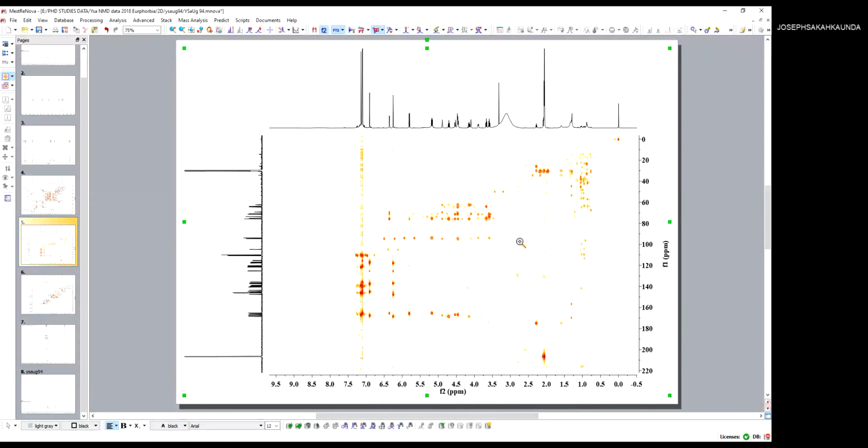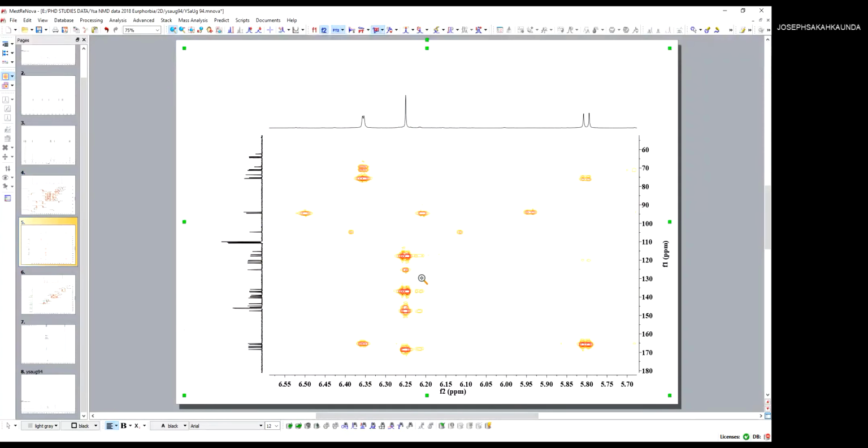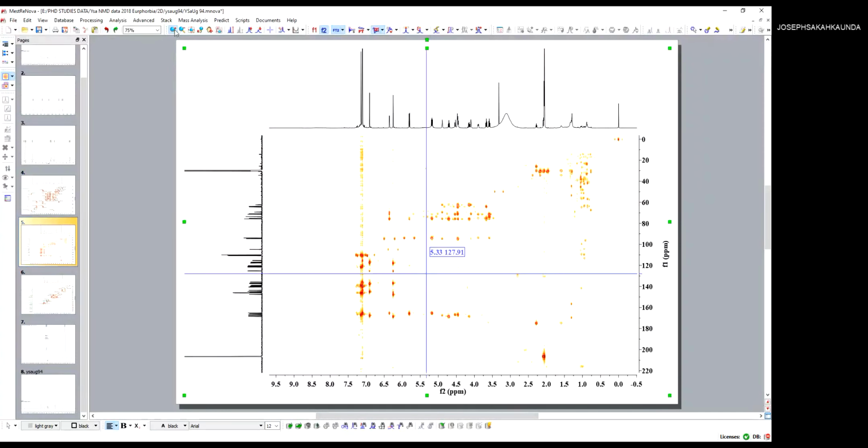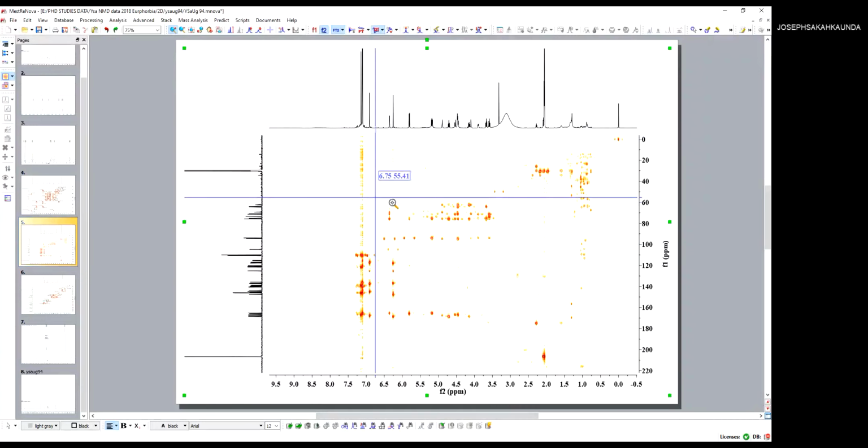Where is 6.36? This is the proton, 6.36. You can expand. To expand, if you don't know how I got there, there's a plus here, then minus, and then it stands for full spectrum. So plus, then just do that.